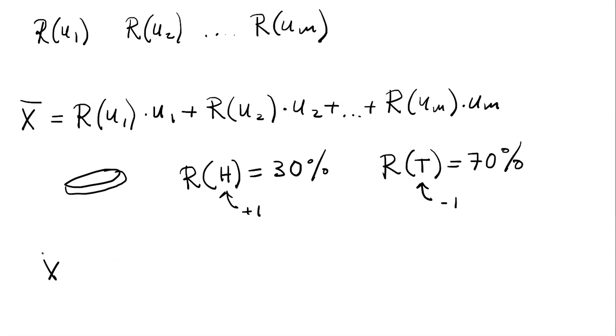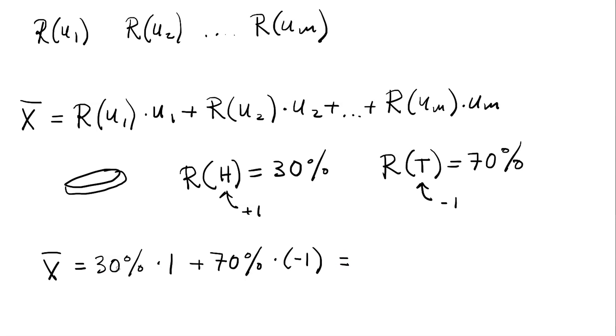So what do we get if we use this formula? We take the relative frequency of the first, 30%, multiplied by data type 1, heads, that is 1. And then we have the second one, relative frequency 70%, multiplied by the second data type, tails, and that was a -1.